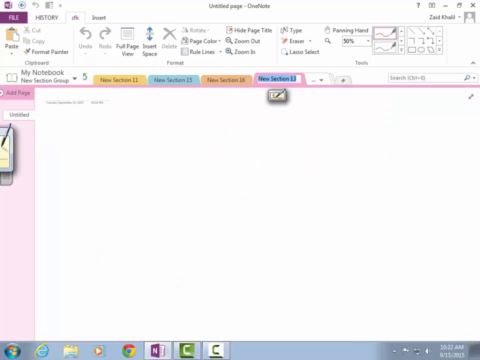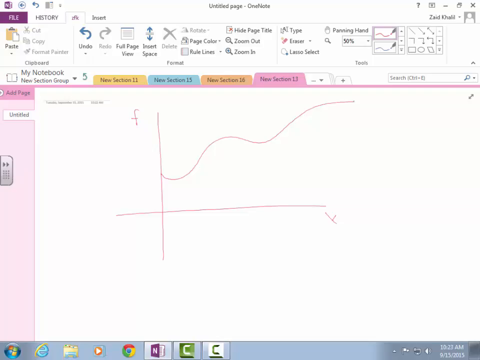So if you have some function, here's f, here's x. And let's suppose you have some point x0. And I want to find an approximation for the value of this function at some point around x0.